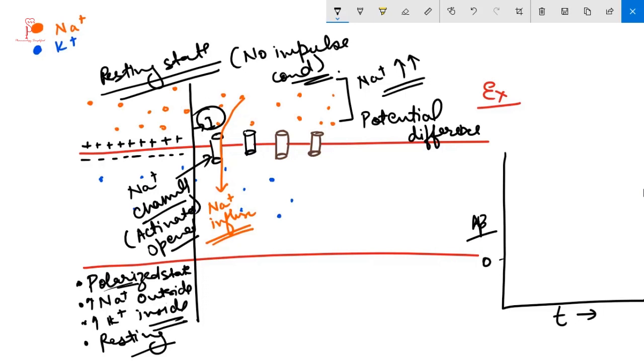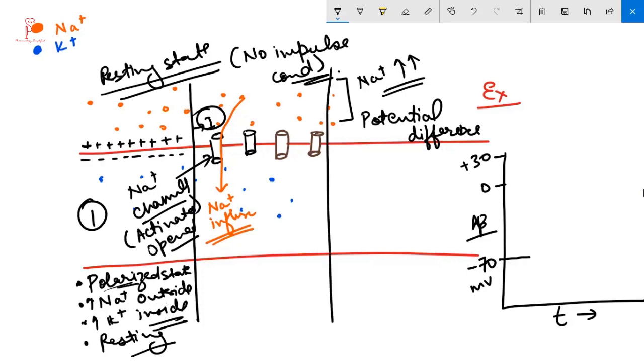Let's say this is the charge of minus 70 millivolts. This is 0 millivolts and this is plus 30 millivolts. At this very stage 1, it is going straight. So this is the polarized state.